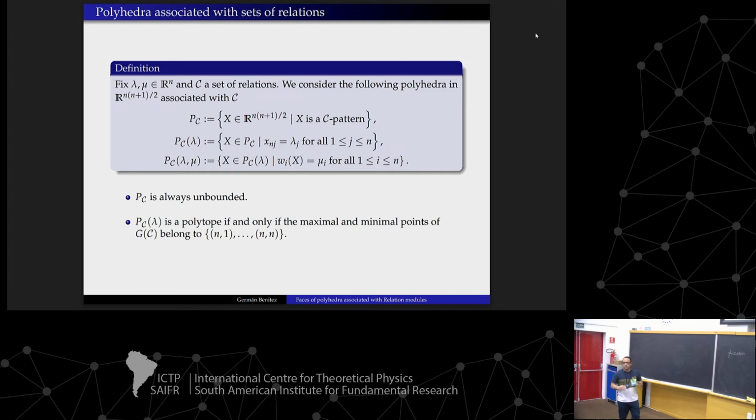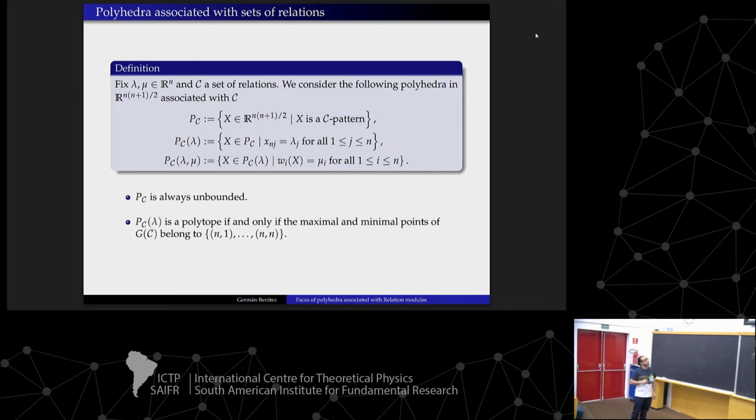With that, we can define the polyhedron P_R, P_R lambda, P_R lambda mu, fixing lambda and mu, a vector in this vector space. P_R is the polyhedron of the set of all R-patterns. P_R lambda is the set of all R-patterns fixing the top of the Gelfand-Tsetlin tableau by lambda. And P_R lambda mu is the set of R-patterns fixing the top by lambda and the weight vector by mu.